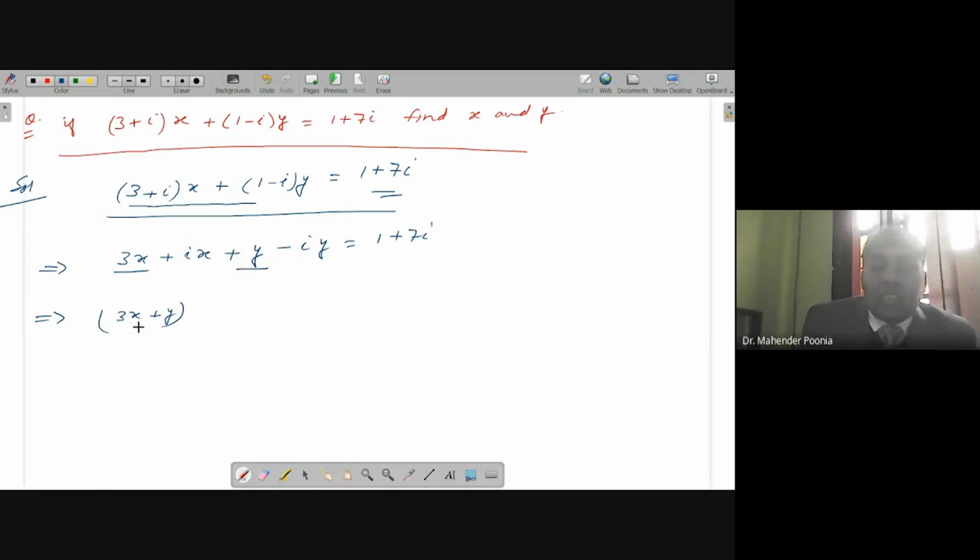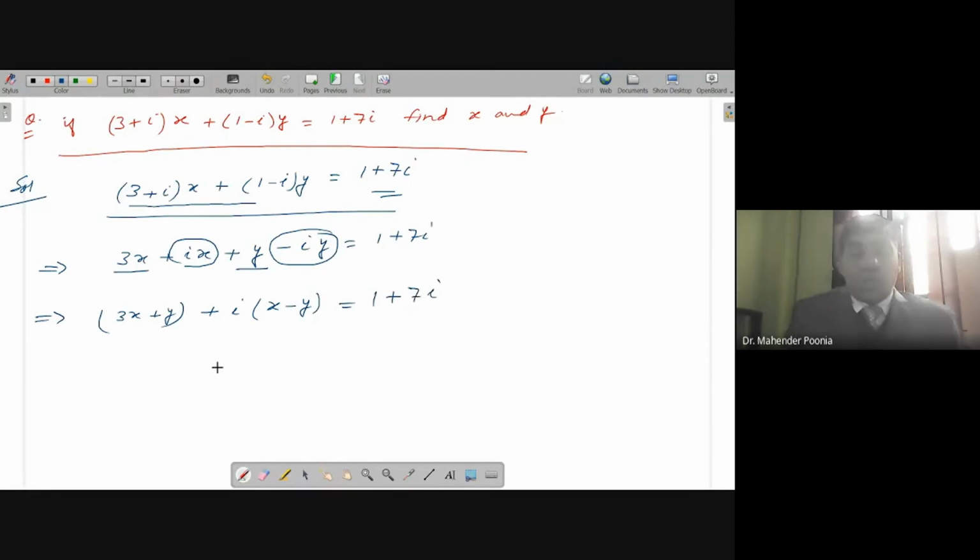We have to write 3x plus y. Plus, we are taking common iota from these two terms. It becomes x minus y is equal to 1 plus 7 iota. Right? So left hand side is 3x plus y plus iota into x minus y, and right hand side is 1 plus 7 iota.